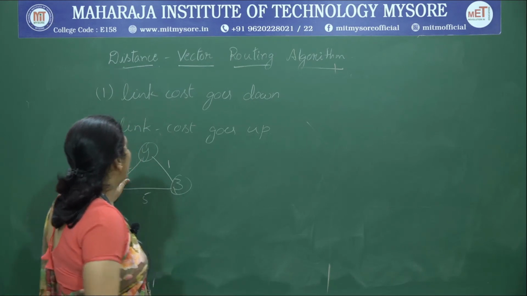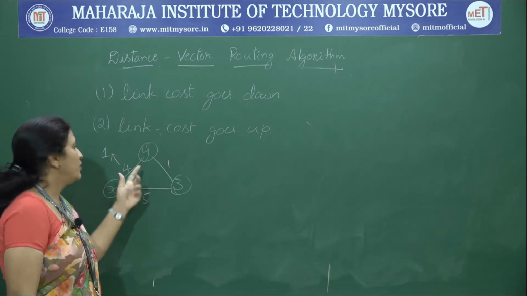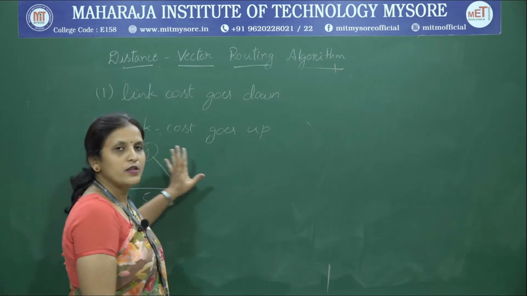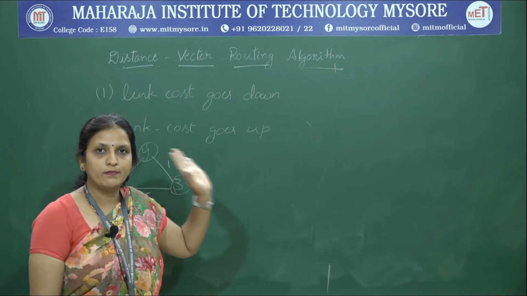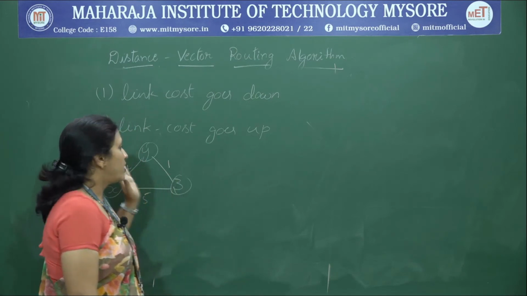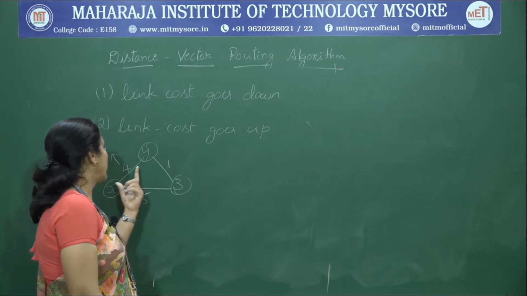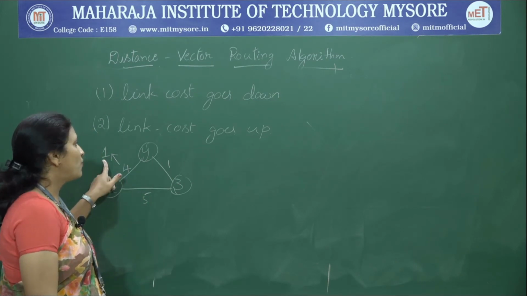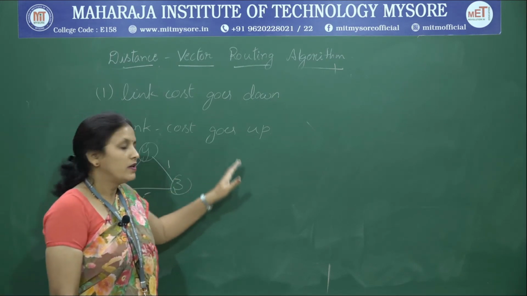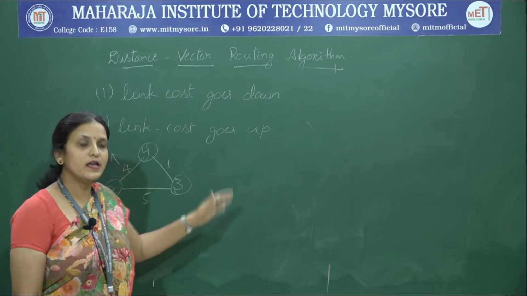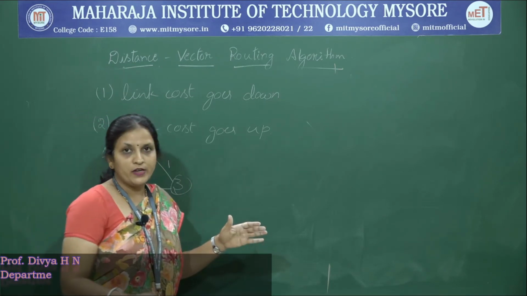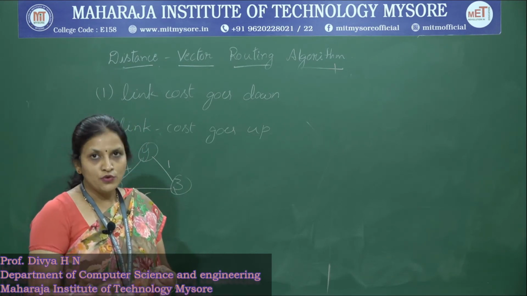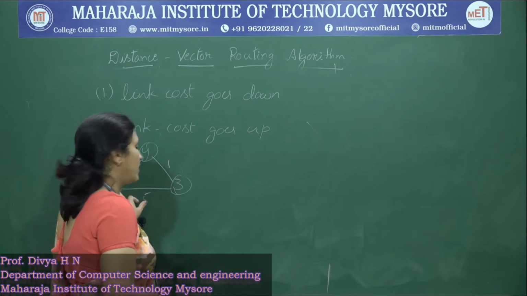Here the value of this link x, y was initially 4 and distance vector was calculated for that particular node at that particular point in time. At some instance the link x, y cost goes down from 4 to 1. So, the newly arrived link cost will initiate the process of calculation of new distance vector for x, right.